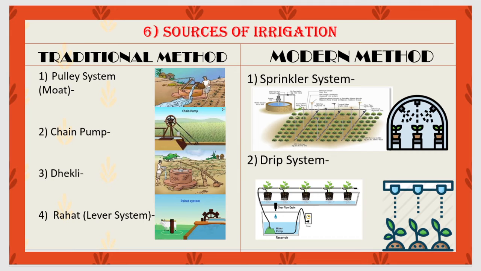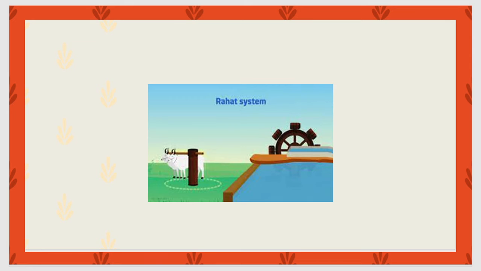Then we have the last traditional system, that is the Rahat system. In this system, cows, buffaloes and other animals are placed here. As they move round and round, this wheel starts moving. Because of the rotation, the bucket tied to it starts moving.